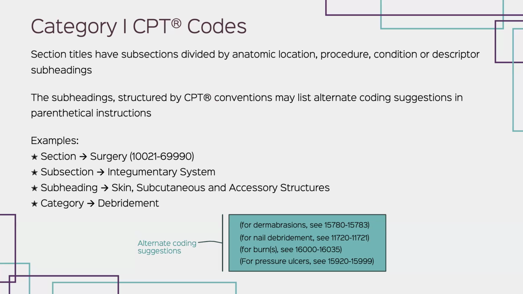They will instruct your coders about how to add your services together or when to report them separately, when your items are going to be inclusive to other services, when you should use modifiers, and so on and so forth. So in your CPT, your category 1, again, you should spend time familiarizing yourself with those guidelines.